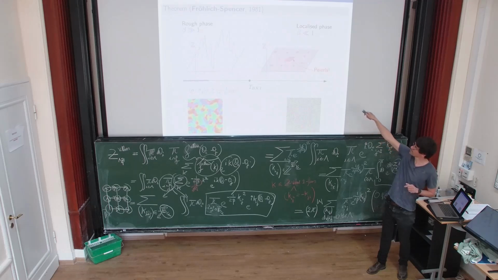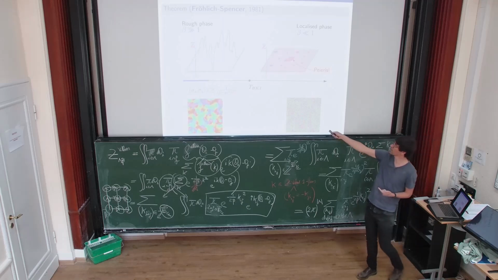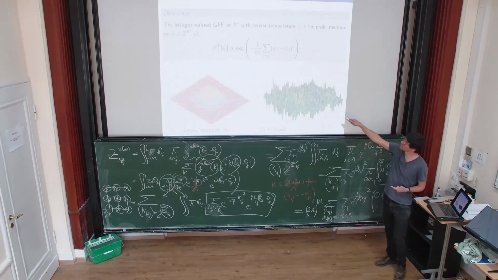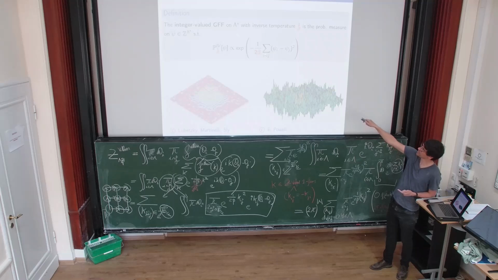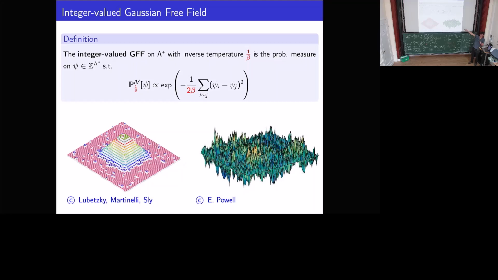And it's an easy exercise to show that this model has symmetry breaking if this beta is low and so this 1 over beta is large, if this is a low temperature. This is the much harder part. And just to see it written here, the definition of an integer-valued GFF is a probability measure. I call those n. In this slide it's called psi, but it's the same model. So I'm sampling a psi, a collection of integers on my graph, according to the same Gibbs weight as a GFF, but those psi are Z-valued.